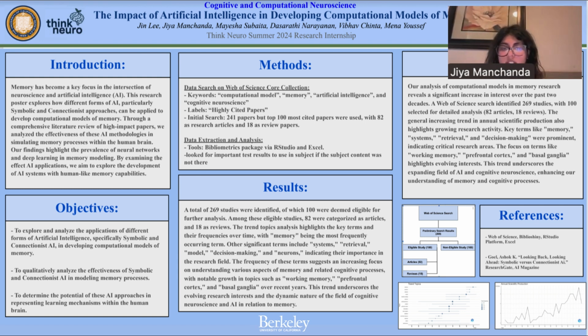So our research explores two different approaches to artificial intelligence. The first is the symbolic approach, and the second is the connectionist approach. Both the symbolic and the connectionist approaches can be applied to develop computational models of memory. Each of these models aims to replicate the human memory processes, but they leverage different techniques and different methodologies to achieve the same goal.